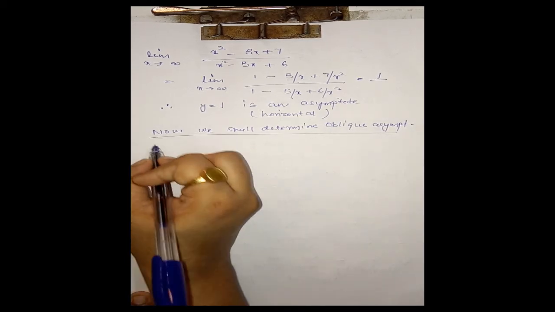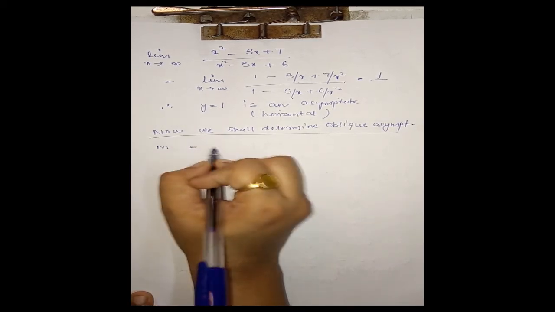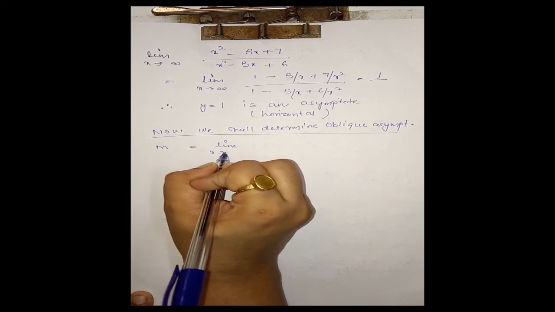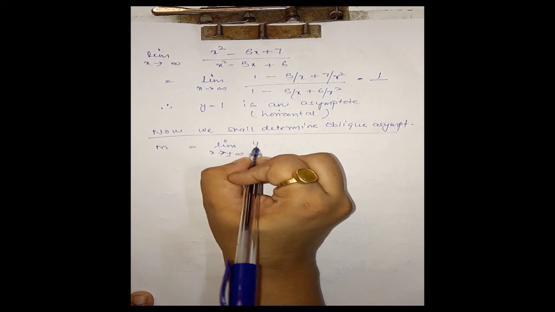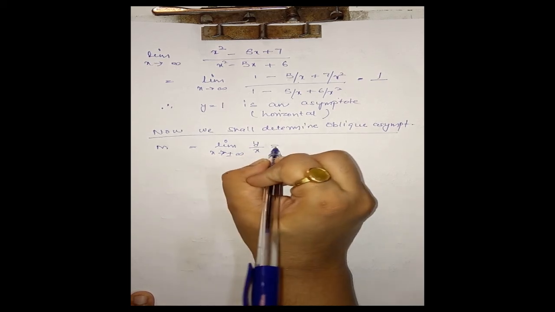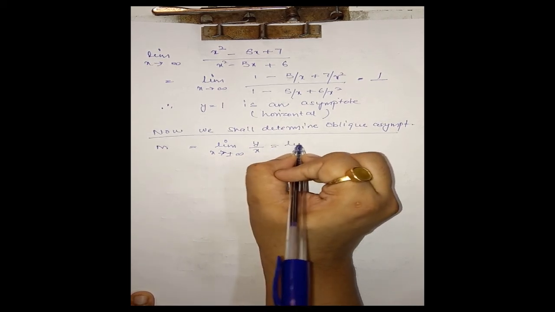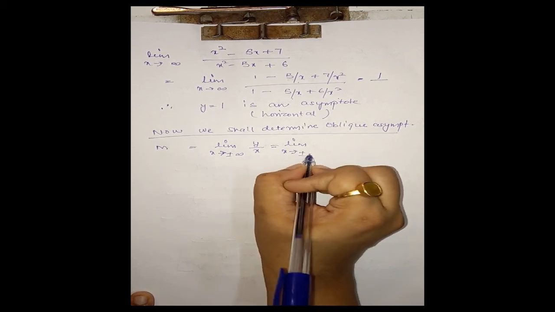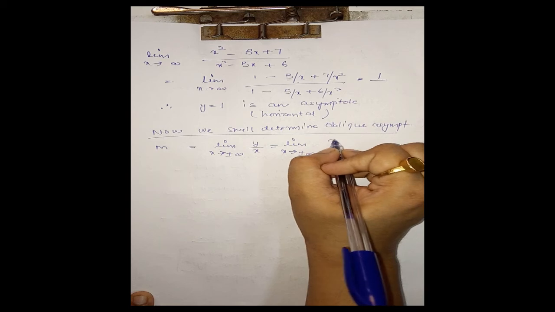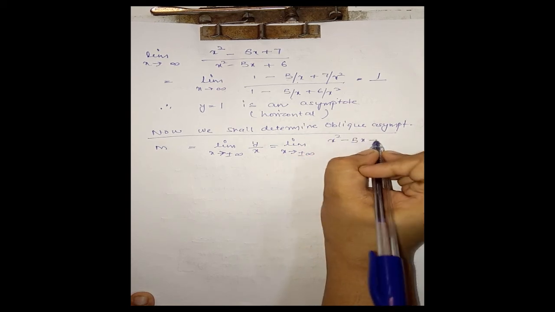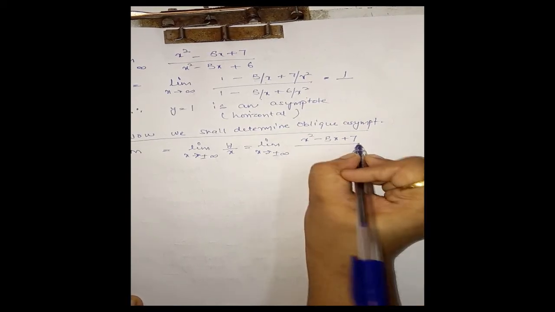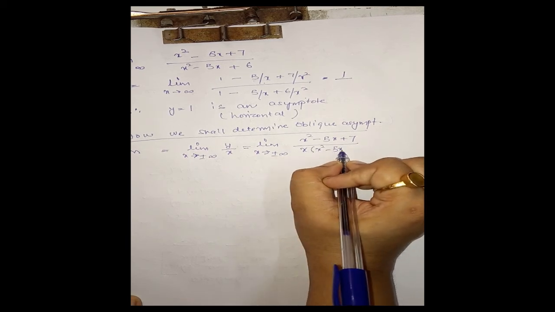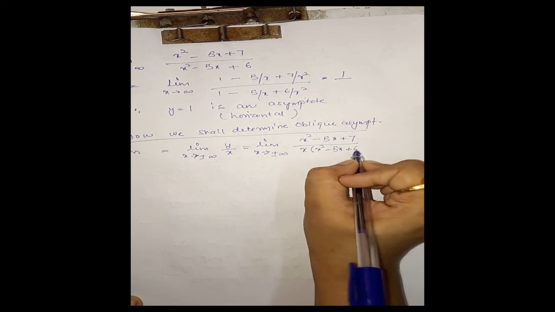For this, m is equal to limit x tending to plus minus infinity y by x, and this is equal to limit x tending to plus minus infinity (x square minus 5x plus 7) upon x into (x square minus 5x plus 6).